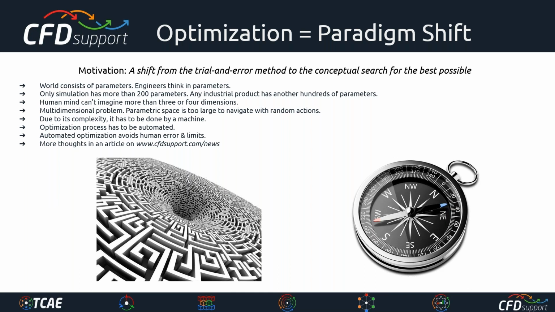So we believe it's a really big thing, and it changes the world of simulations, in our opinion, because we're engineers, and we believe the world consists of parameters, and every simulation and every product has a lot of parameters, and based on these parameters, we can design.